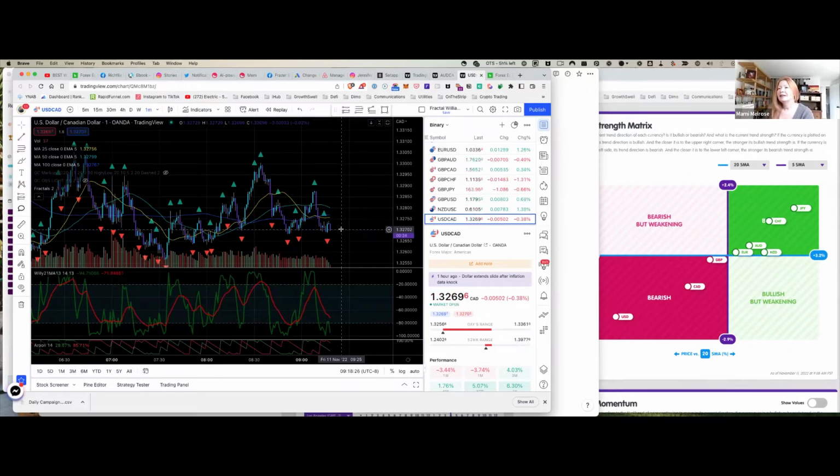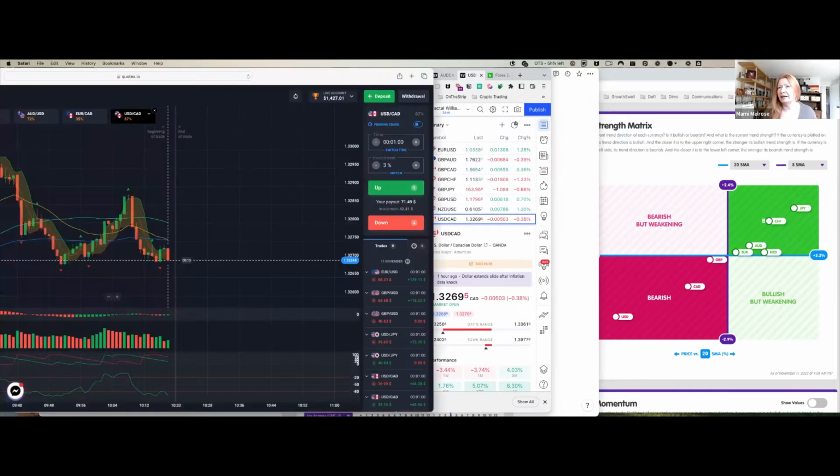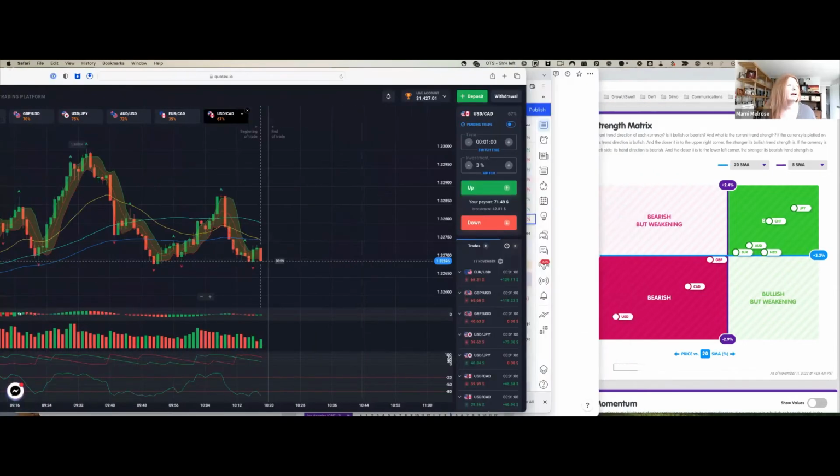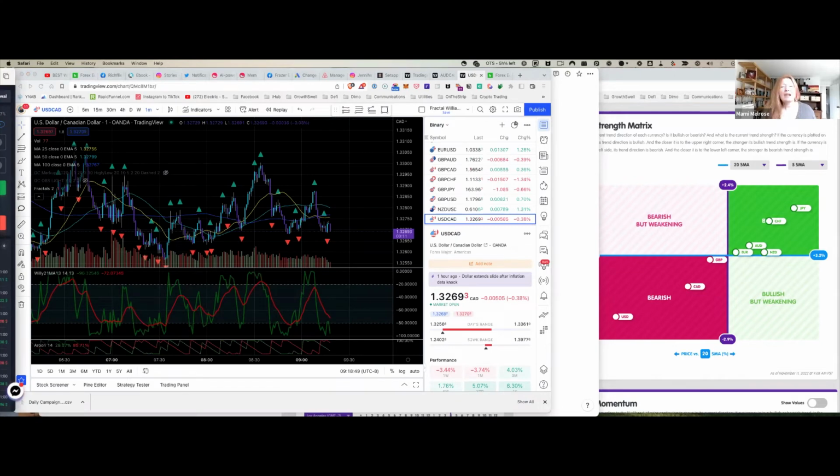So this just calms it down a little bit more. But if you want, you could certainly turn your candles back. And here on Quotex, I can't even turn them any other color, so they're just red and green. But just know that blue is green, purple is red.